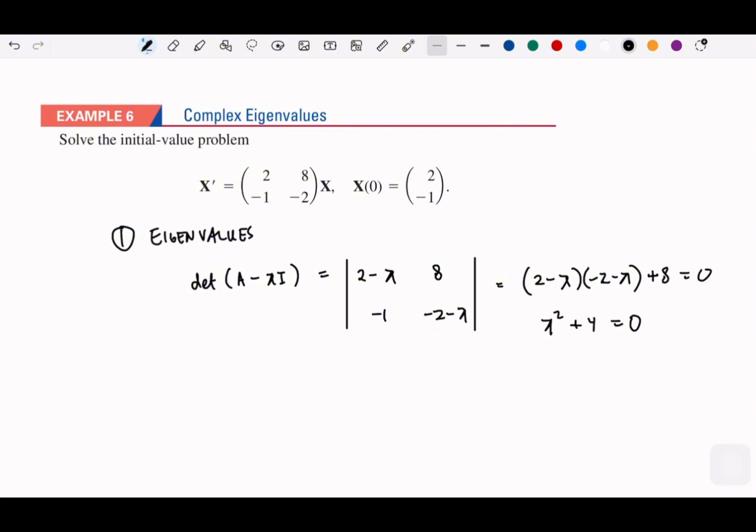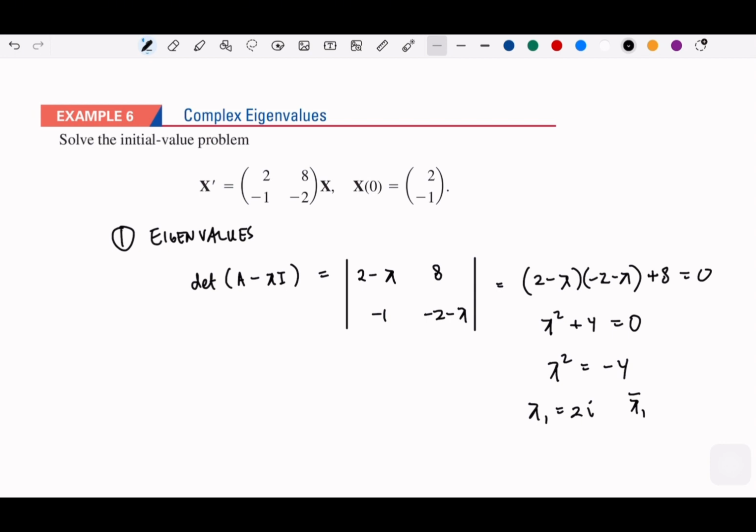So we get that this is complex, since we have -4. So lambda 1 will be 2i, and lambda 1 bar, the conjugate of the complex eigenvalue, will be -2i.